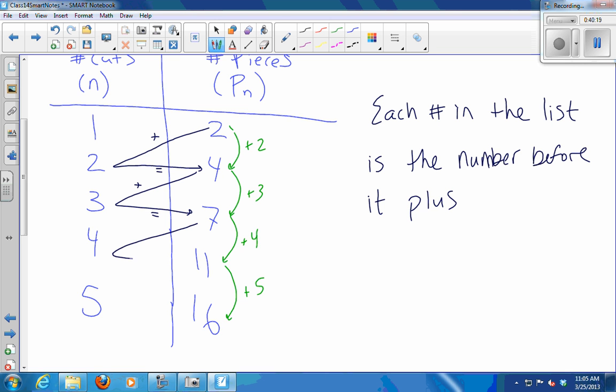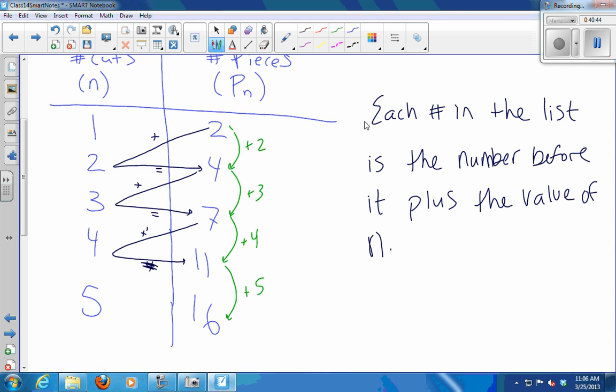And 7 plus 4 gives me 11. So the 11 is the previous number in the list, the 7, plus my current value of n, the 4. So each number in the list is the number before it plus the value of n.